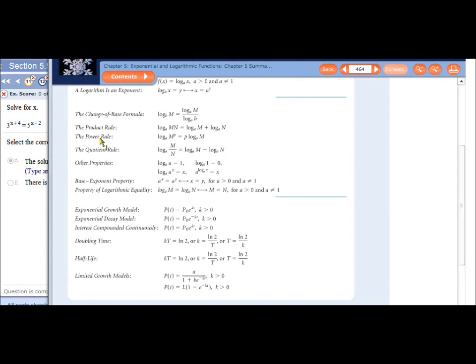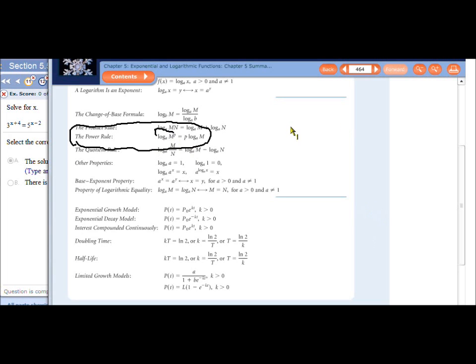It's called the power rule. And notice this little p right here. Because it's in the exponent spot next to m, I can actually bring this thing in front of the logarithm. It's a power rule. This is one of the rules of logarithms.